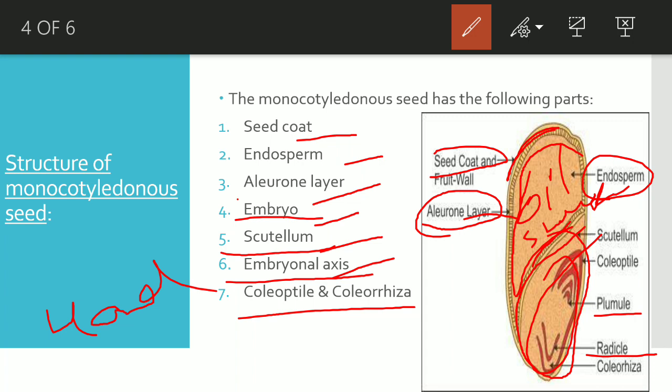The last one is coleoptile and coleorhiza. The plumule and radicle are enclosed in a sheath. The sheath which encloses the plumule is known as coleoptile, and the other which encloses the radicle is known as coleorhiza.